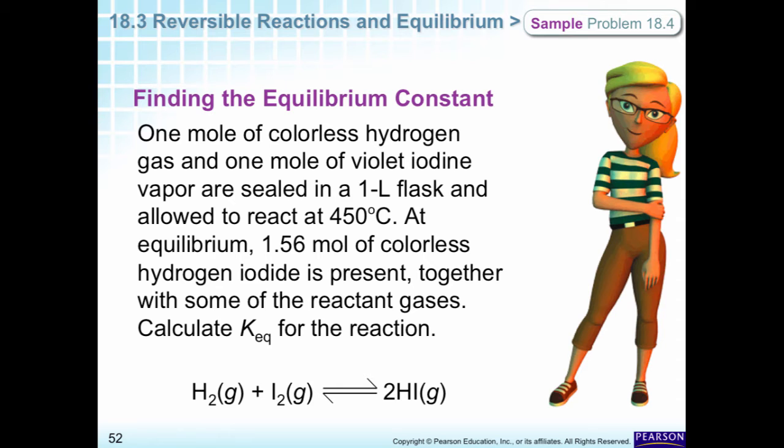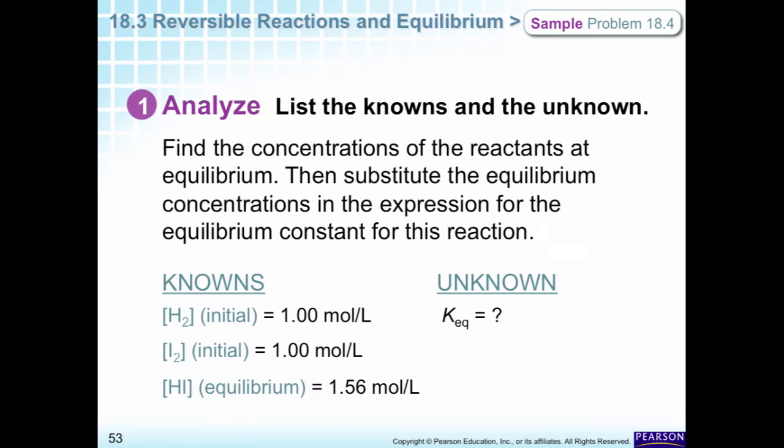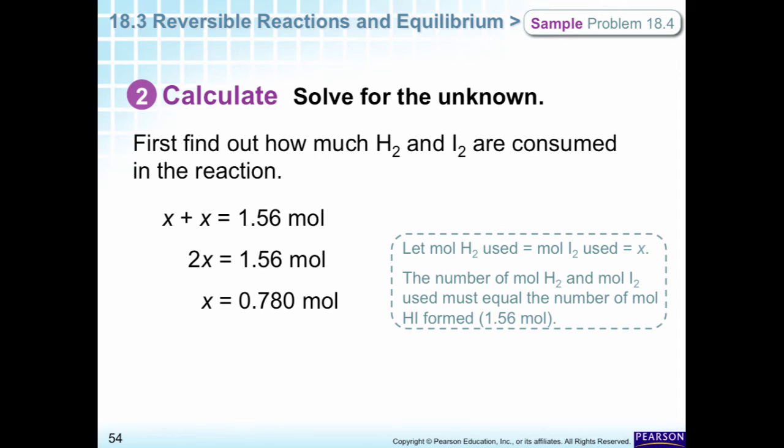So what we can do is use our concentrations of what we know, because 1.56 will help us to know how many moles we have left over. All right, so we have our initial values and we have our equilibrium 1.56. So let's see how we can figure this out.